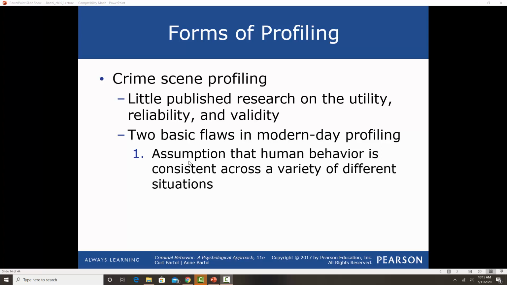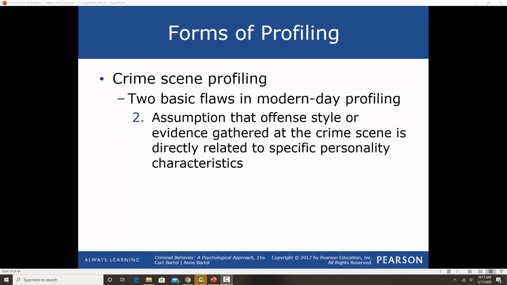If you rely solely on that and you don't pay attention to the actual evidence that you have, it can get you in a lot of trouble. Two basic flaws in modern day profiling: the assumption that human behavior is consistent across a variety of times and situations, that you can rely on MO or signature or any of those things, organized, disorganized, to allow you to link cases, because that's not always the case.